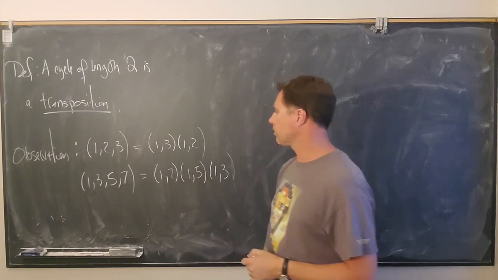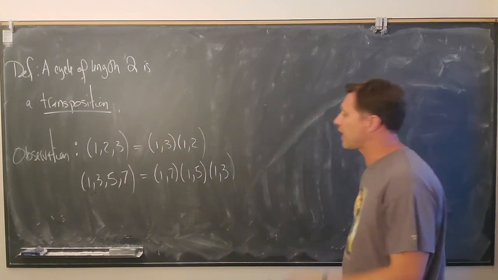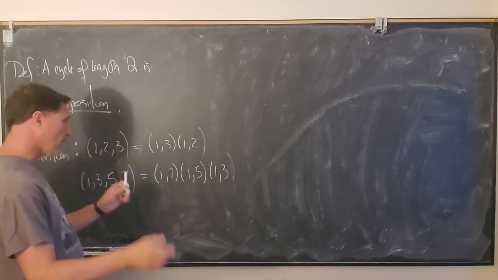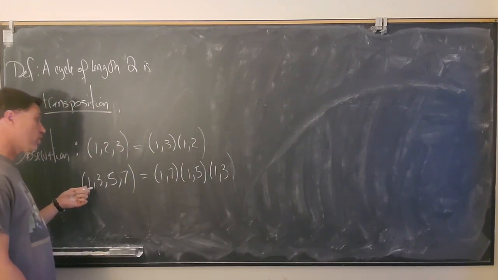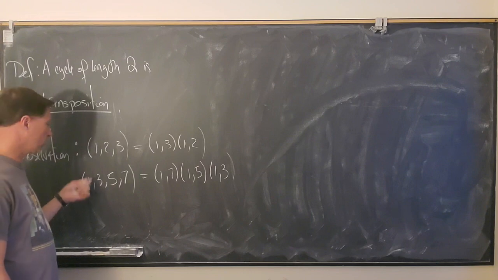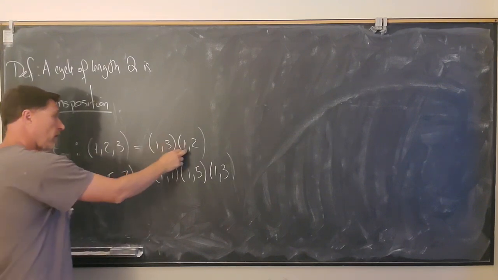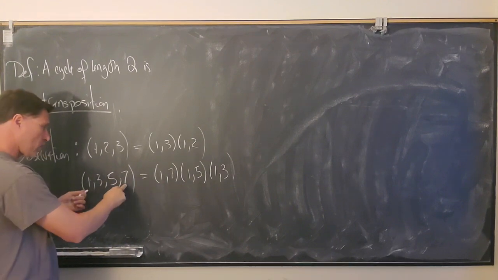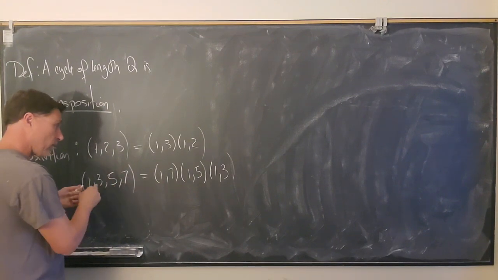Right? So what's the trick here? What did I do? I wrote down transpositions like this. Every one of them starts with my first number, right? In both of these cases, I put a 1 in the beginning of each one of those. And then I worked my way backwards, 1, 7, 1, 5, 1, 3.